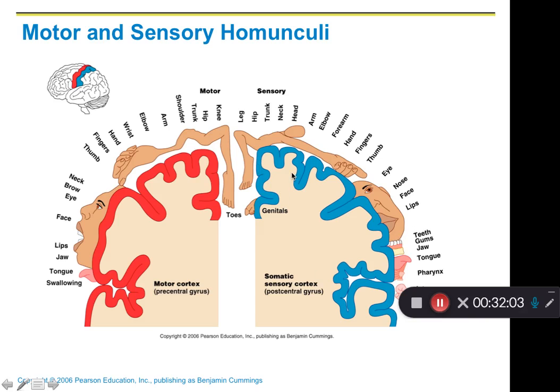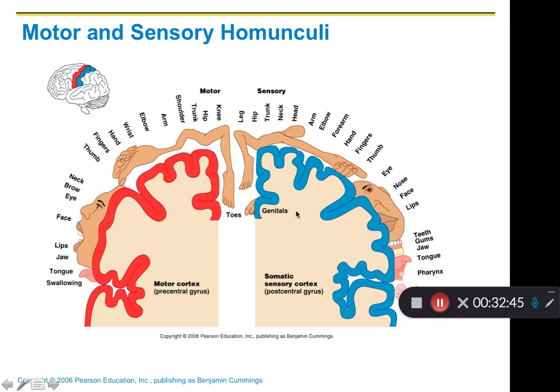We can see the face is in the inferior region, however the foot, leg, and arms are in the superior region. We also have the genital organs.